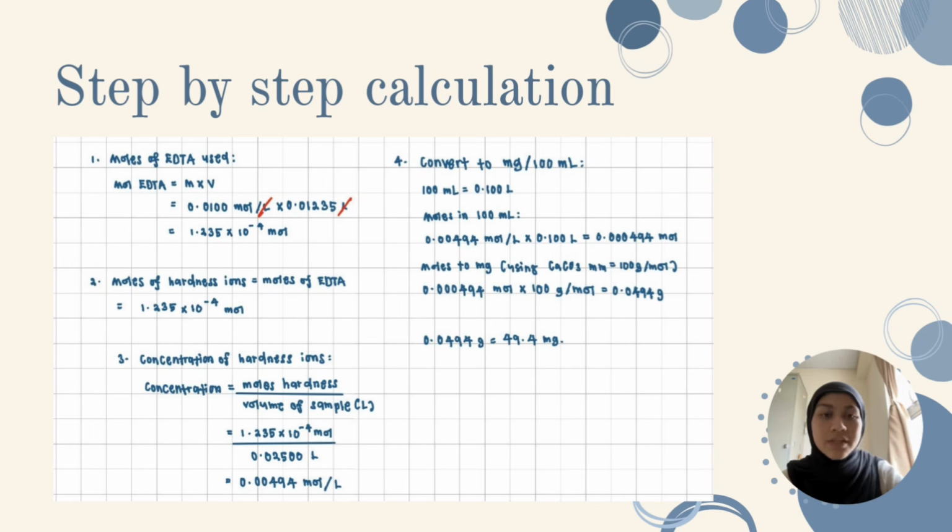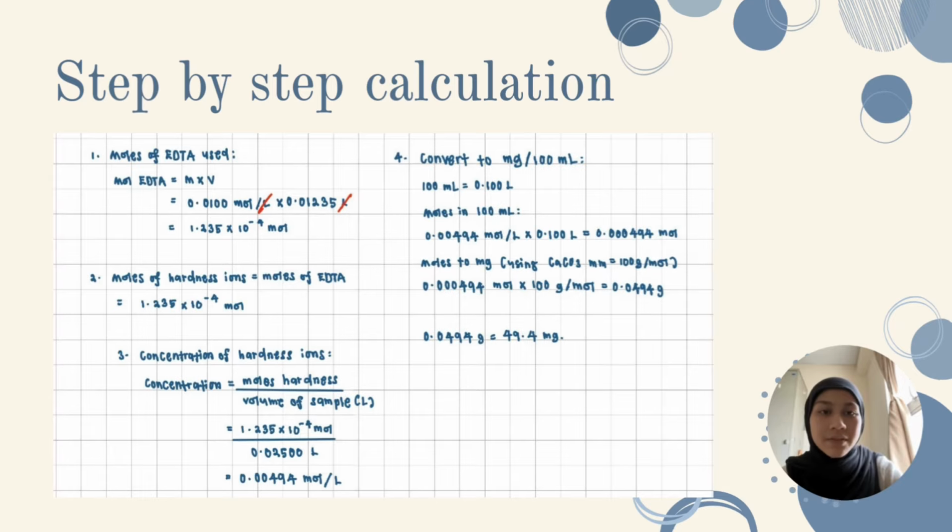Finally, the concentration is converted to mg per 100 ml as calcium carbonate, CaCO3. Using the molar mass of CaCO3, which is 100 gram per mole, the hardness value is calculated as 49.4 mg per 100 ml. This value represents the hardness of the drinking water sample.